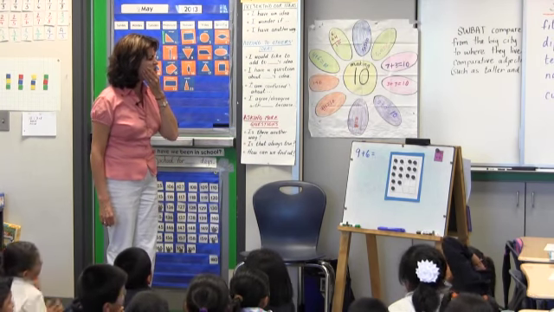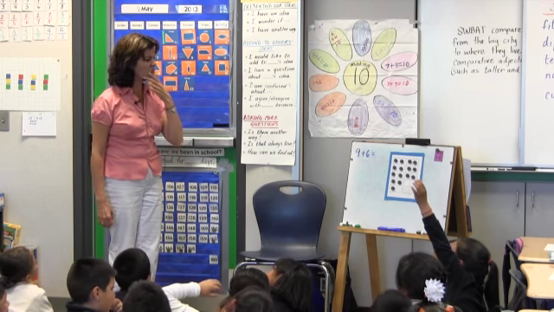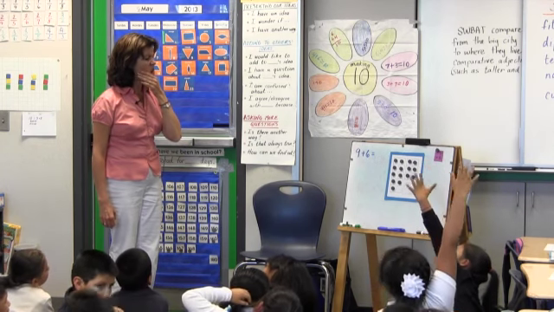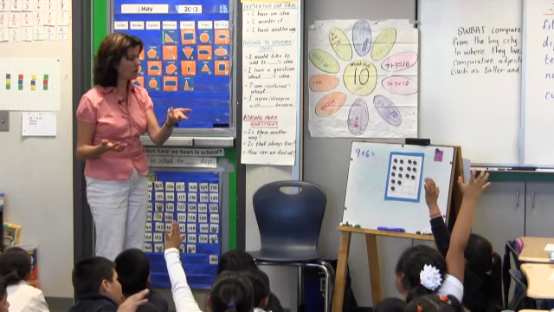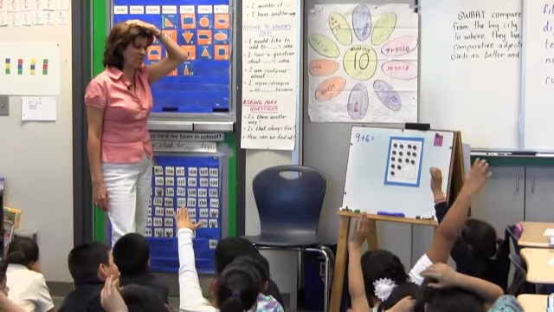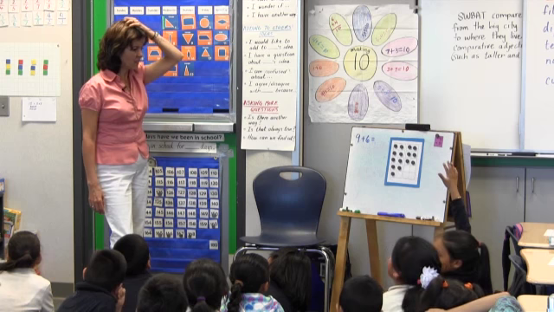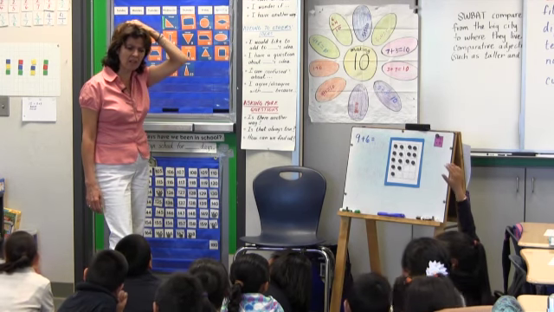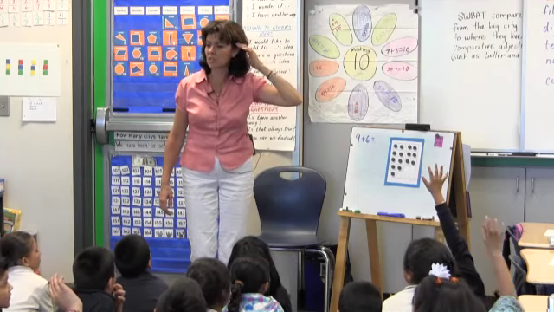Well, I can take the 6 and I can start counting. But that's one strategy. What could be another one? Thinking about which one is bigger, 9 or 6. Which one is bigger? Teresa? The 9 is bigger. Does that sound familiar, like a strategy that somebody uses when they do addition?